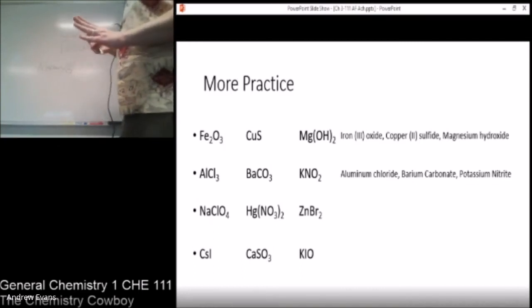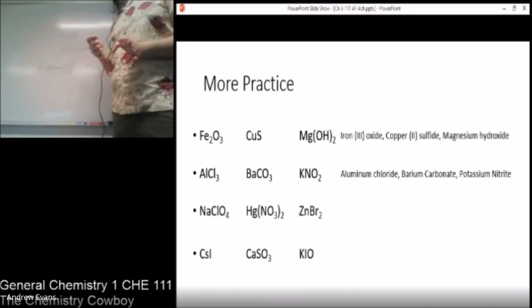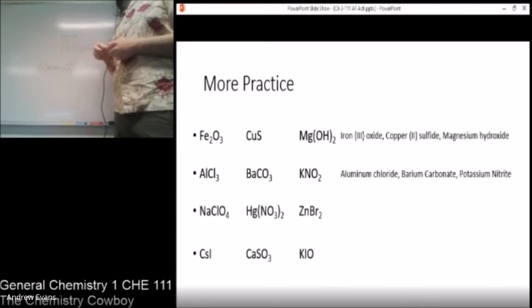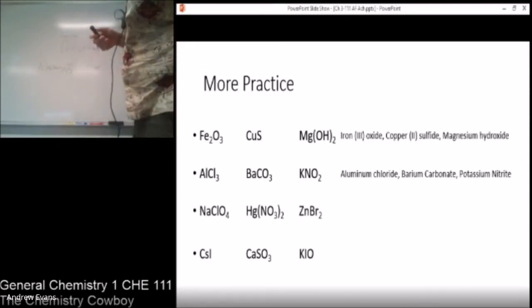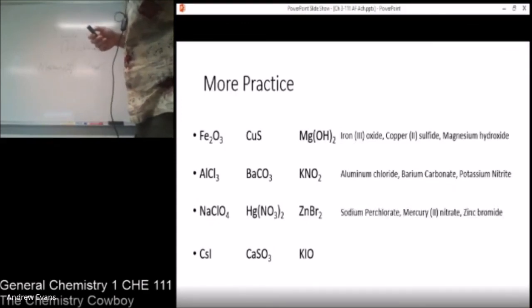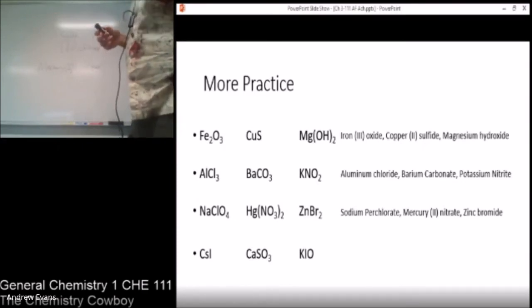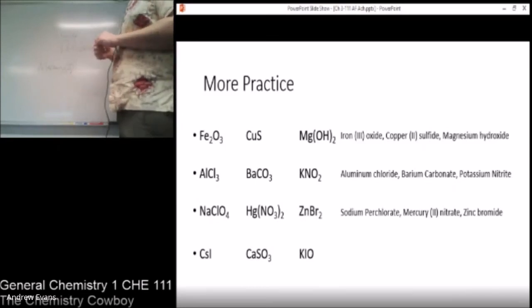Zinc. Zinc is our exception. Zinc is always 2+ and only ever 2+. So this one's just zinc bromide. No muss, no fuss. Finally, cesium iodide. I'm moving a little faster. Calcium.